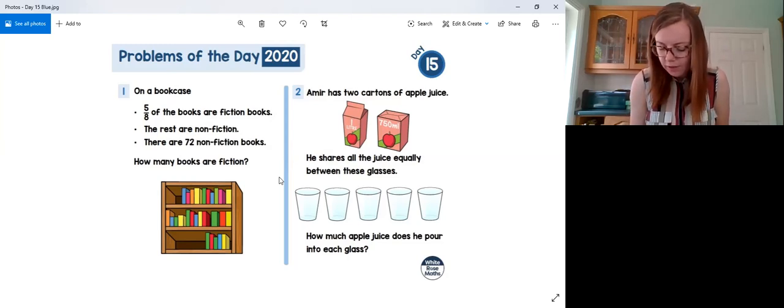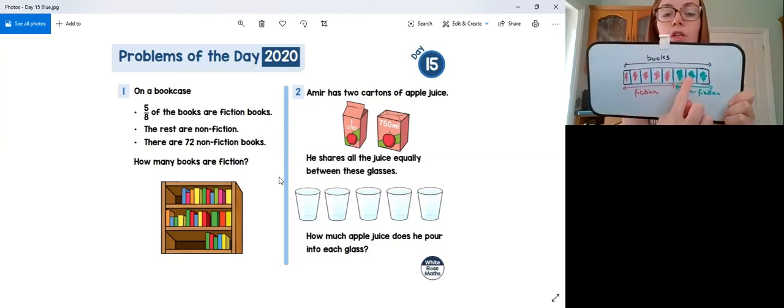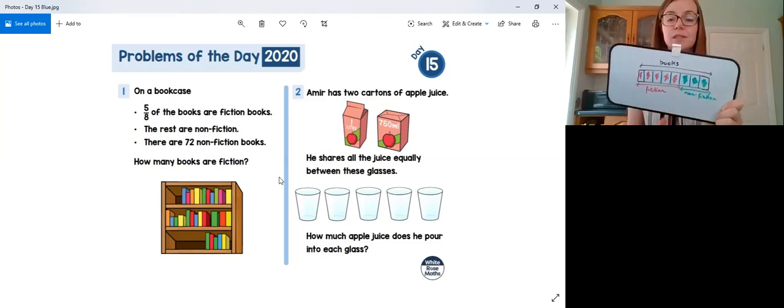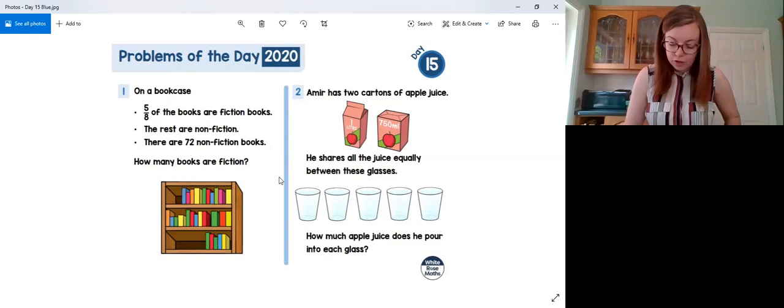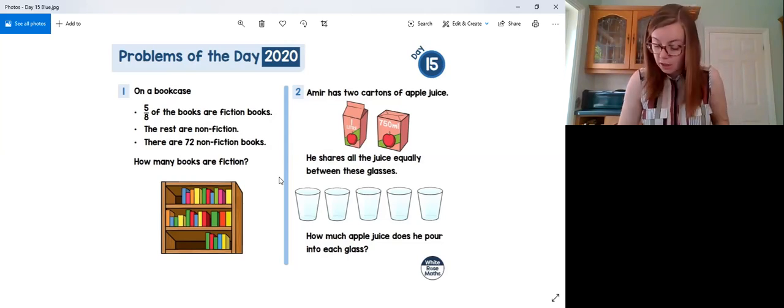So can we work out as a fraction how many are non-fiction? It's the chunks we have left. So we have 1, 2, 3 left. So 3/8 are non-fiction. So fiction is 5/8, non-fiction is 3/8.